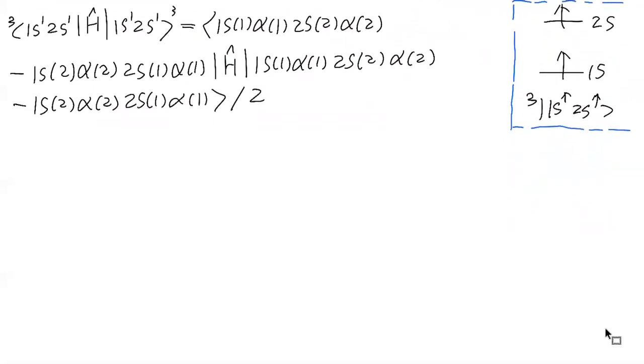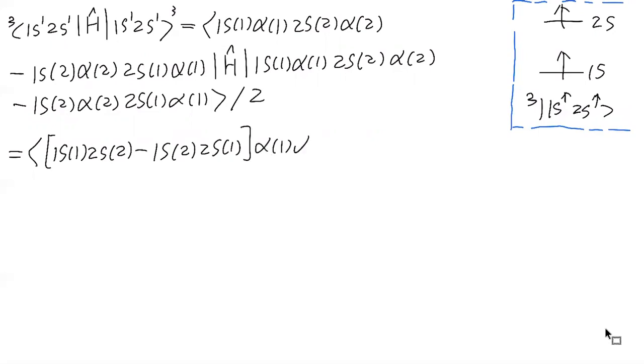And in this case, you can actually rewrite this expression by separating the spatial part and the spin part. For the spatial part, you have 1s1 2s2 minus 1s2 2s1. For the spin part, we have alpha 1 alpha 2.